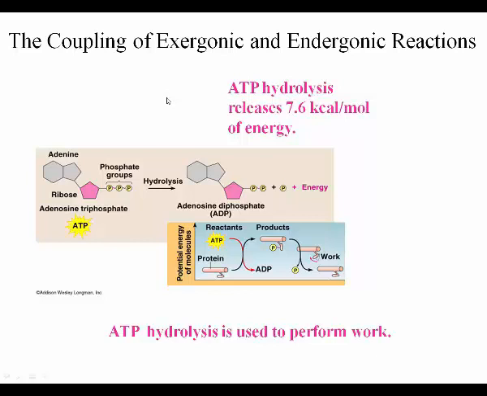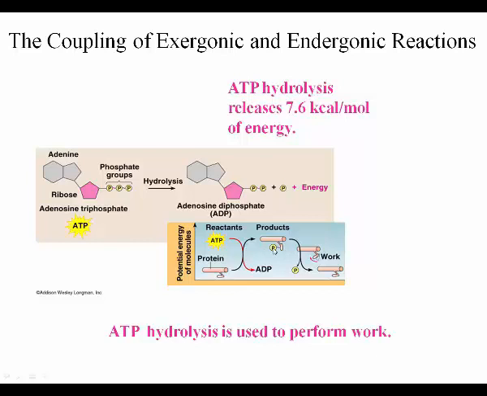Now remember, using ATP to drive some kind of endergonic reaction is really hydrolyzing ATP, releasing a phosphate, and then attaching that phosphate to the substrate of the reaction. So ATP and substrate are the reactants in the chemical reaction. The products then will be ADP, and also this substrate that now has a phosphate attached to it.